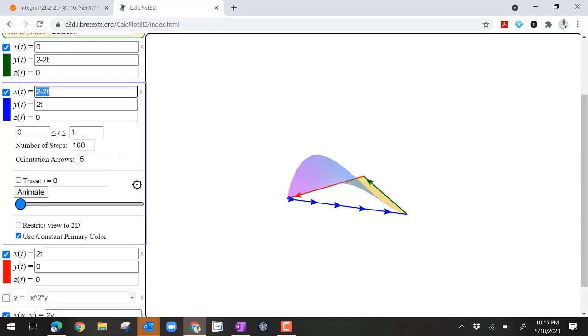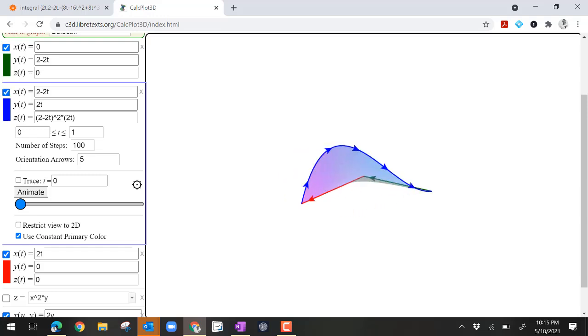And this is where we look at the x component and the y component, and we put it into the function. And remember, the function is x squared times y, and the x is going to be 2 minus 2t, and then the y is just going to be 2t. So if we see that again, we can see now it is up along the surface.